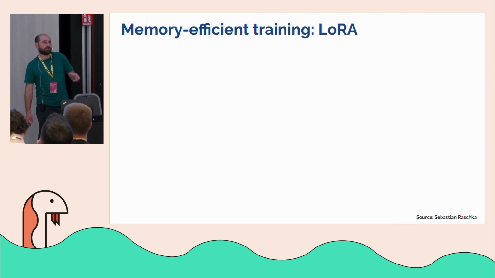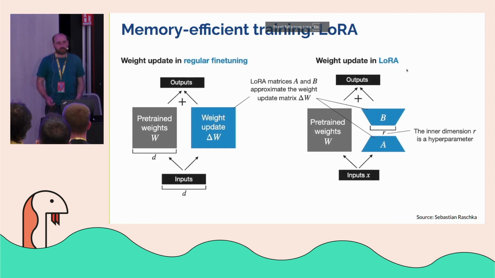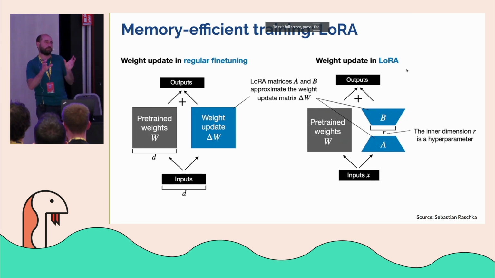The authors of LoRa, based on previous literature, think that this matrix of weight updates is rank deficient, and that it can be approximated well with two low rank adapters.